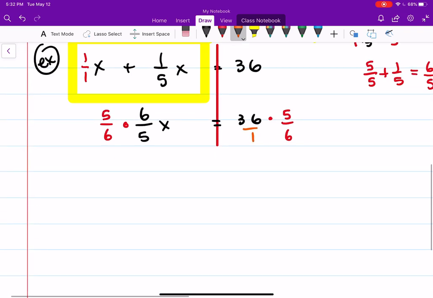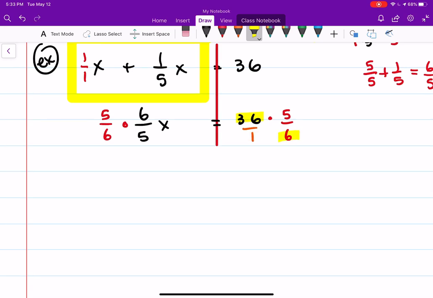All right. So we ask ourselves, does anything go into 36 and 1? No. So does anything go into 36 and 6? Yeah, it does. It would be 6. So 6 goes into 6 how many times? Once. Goes into 36 how many times? 6 times. Awesome. Look, my denominator is a 1.